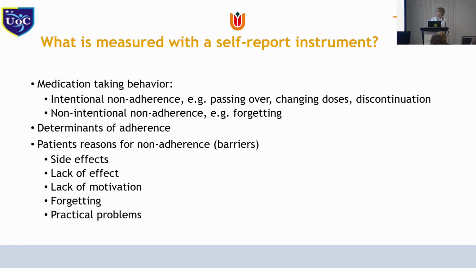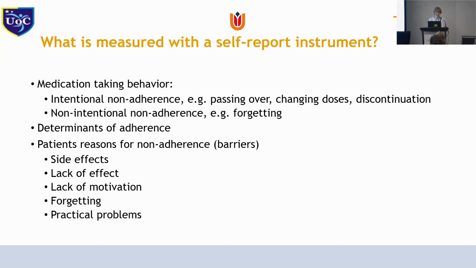Well, what do we actually measure with a self-report instrument? You can measure whether a patient passes over a dose, whether they change the dose of their medication, take less or take more, or decide to discontinue the use of the medicines.